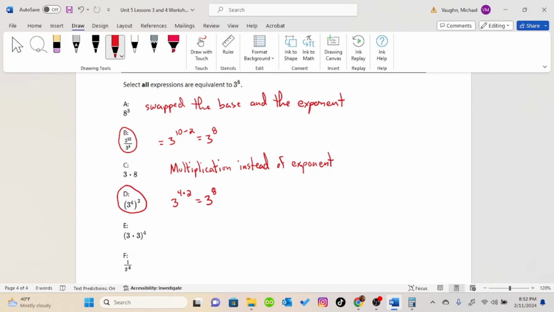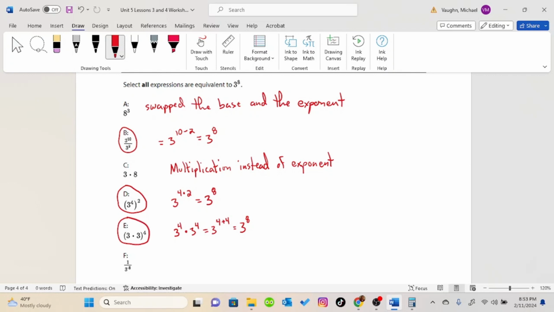Choice E. We have 3 to the 4th power times 3 to the 4th power. And when we multiply the same base, we add the exponents together. So this becomes 3 to the 4 plus 4, which equals 3 to the 8th, and that's what we're looking for. So E is also correct.